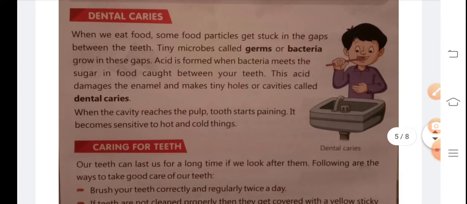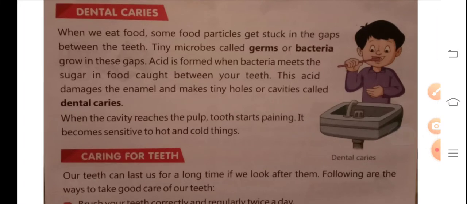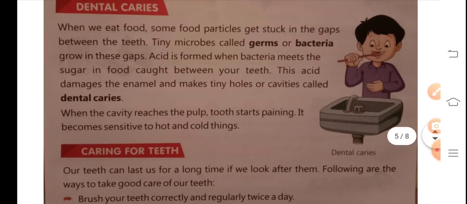Next, dental care. My dear students, when we eat food, some food particles get stuck in the gaps between teeth. So you should brush your teeth daily. Tiny microbes called germs or bacteria grow in these gaps.